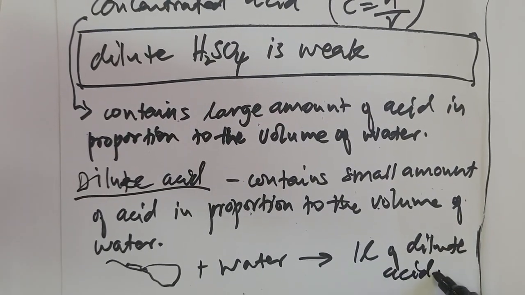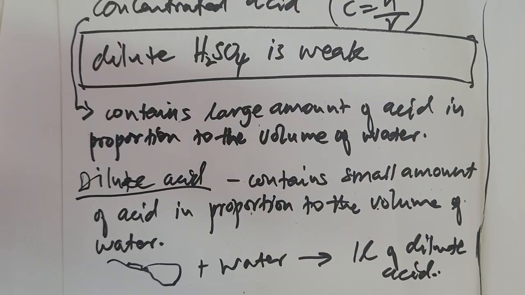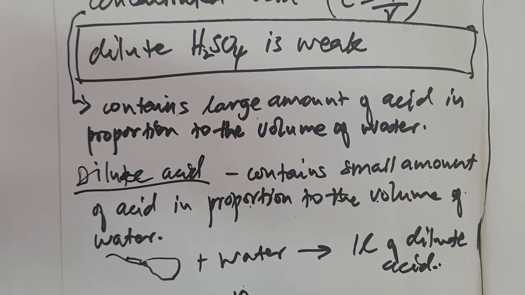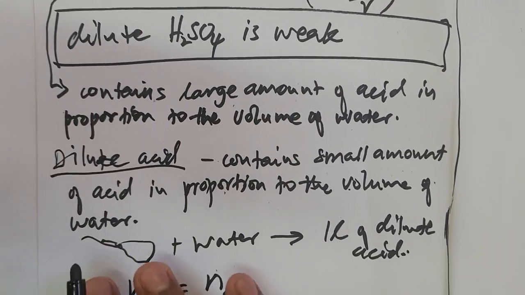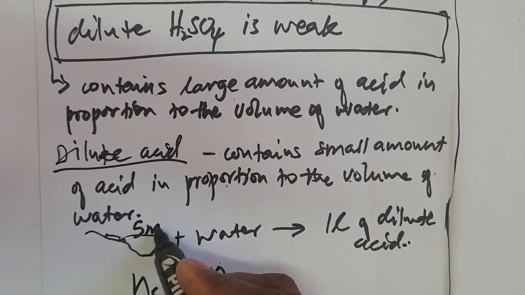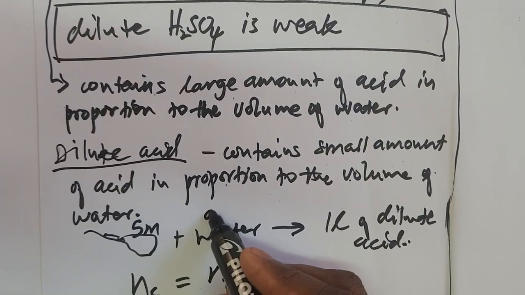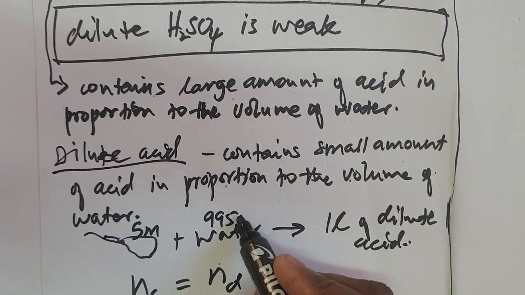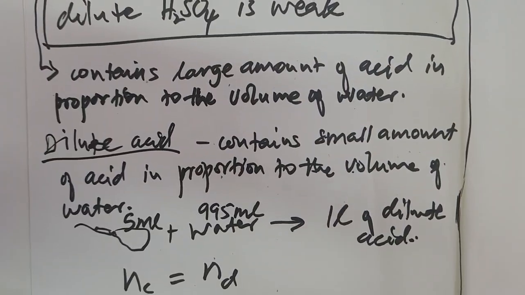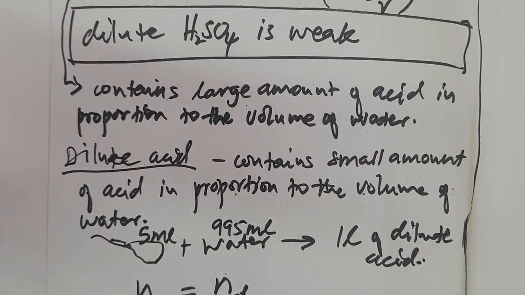Therefore, the number of moles of the concentrated is the same as the number of moles in the dilute solution. The same particles. So I've got 5 ml here, plus maybe 995 mLs, and I still have 5 ml of sulfuric acid in this one.